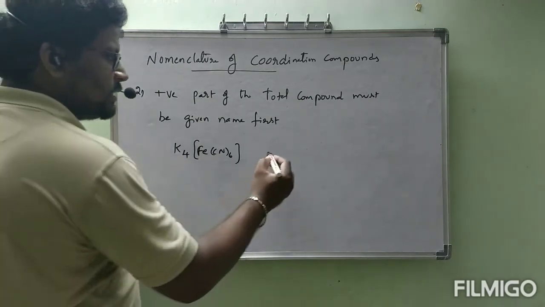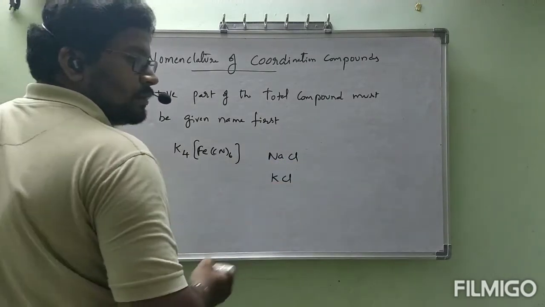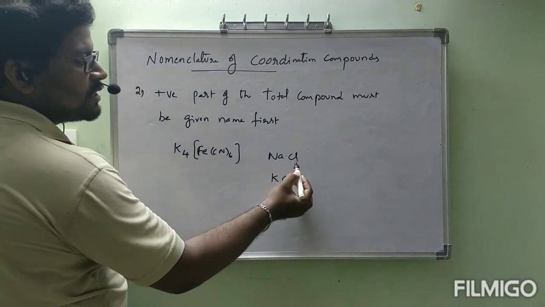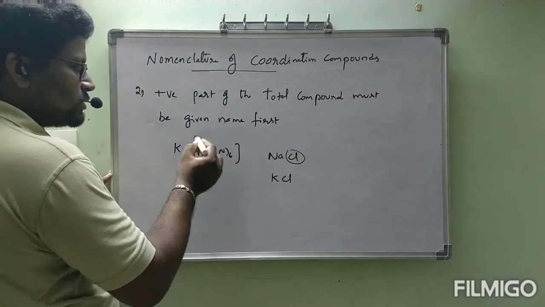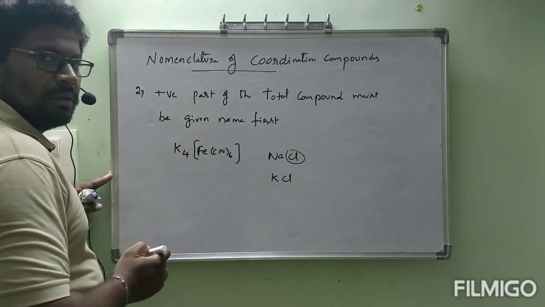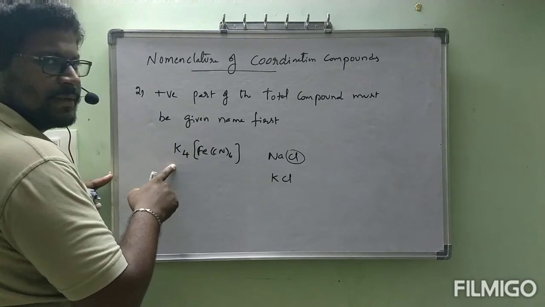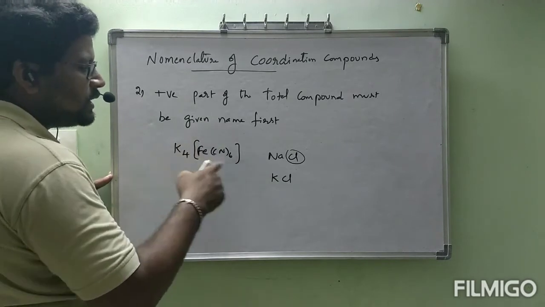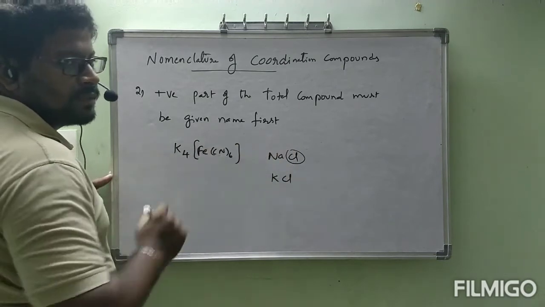Like NaCl or KCl. But what is the difference? Instead of this negative simple ion, here we have a complex ion. This is a totally negative complex ion. Na plus, K plus, like that here K plus. This is a negative simple ion.